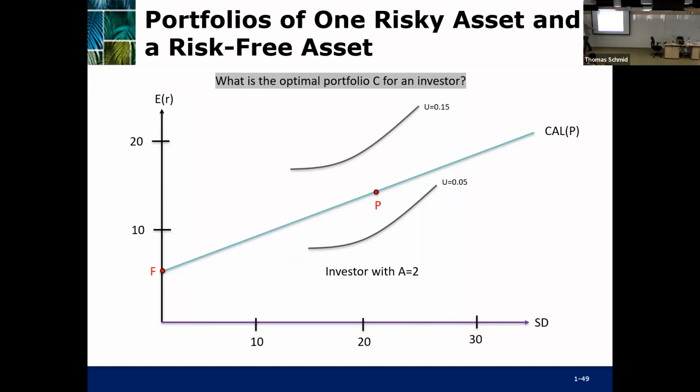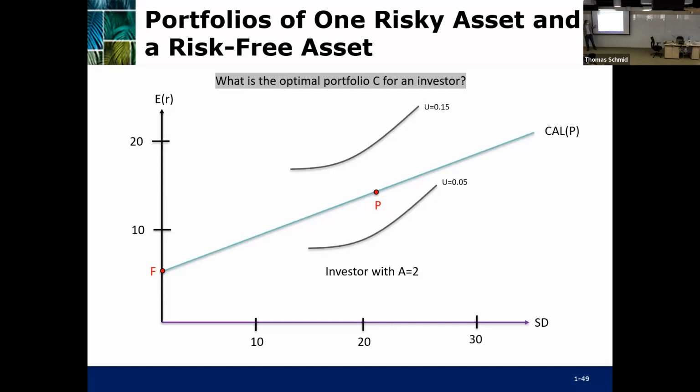Obviously, it's not possible, right? All the possible risk-return combinations in our world are on the capital allocation line. This risk-return combination is not available. This is not available. This is not available. The only possible risk-return combinations are on our capital allocation line.